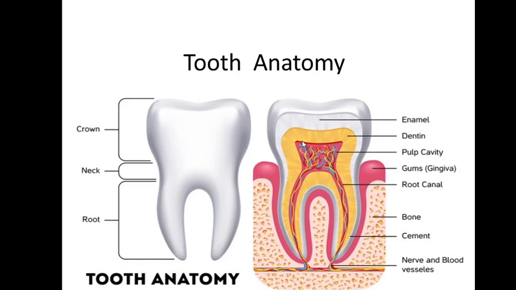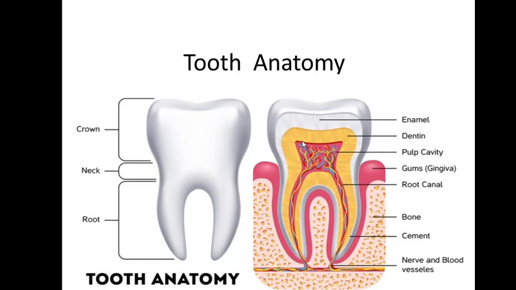It is deep to enamel, and it's formed by cells called odontoblasts. Dentine is made up of 70% minerals, harder than cementum and softer than enamel.